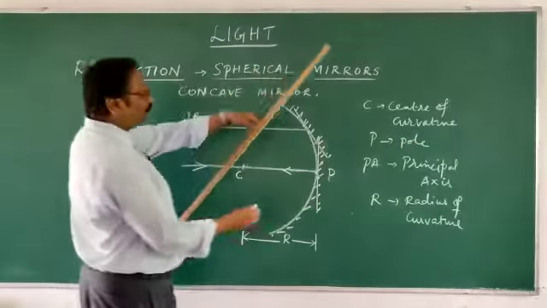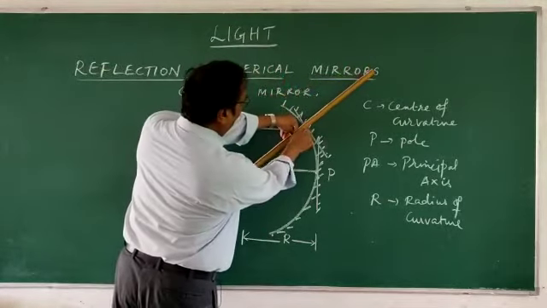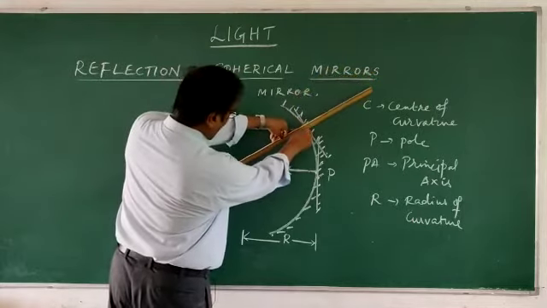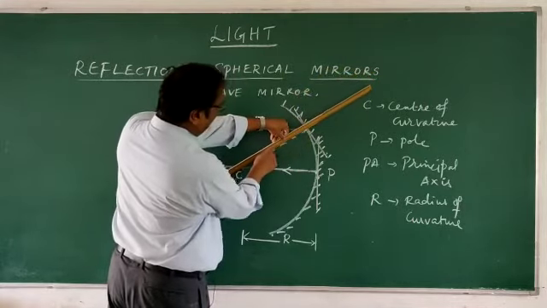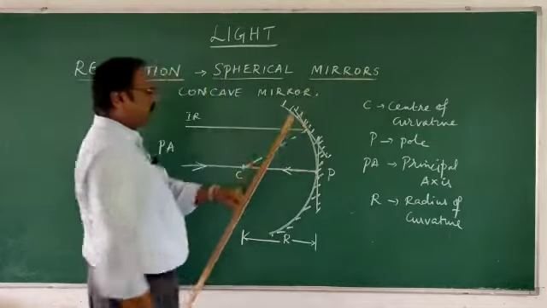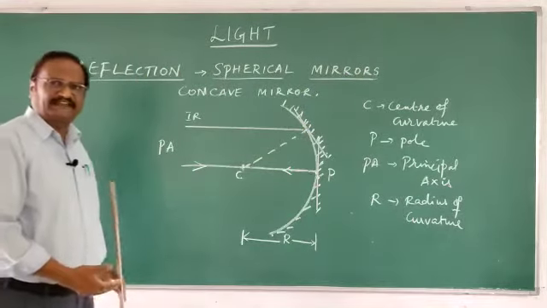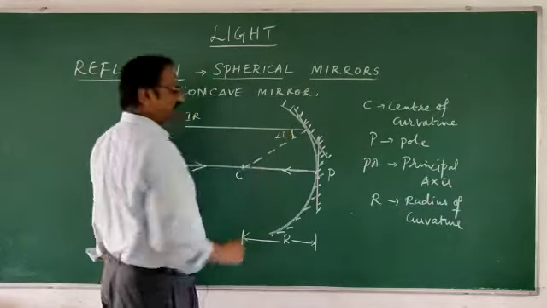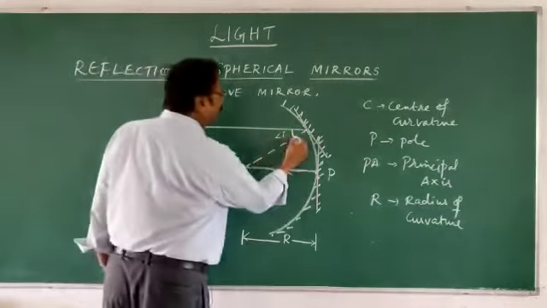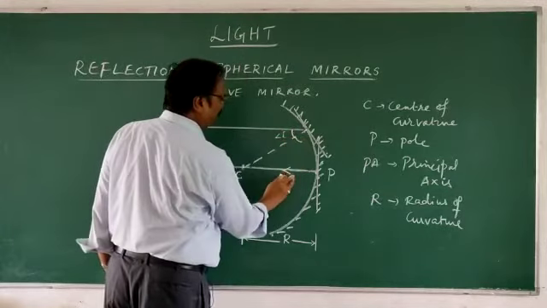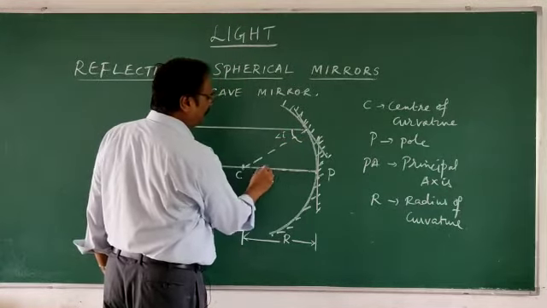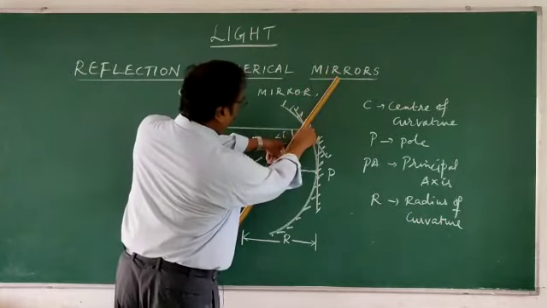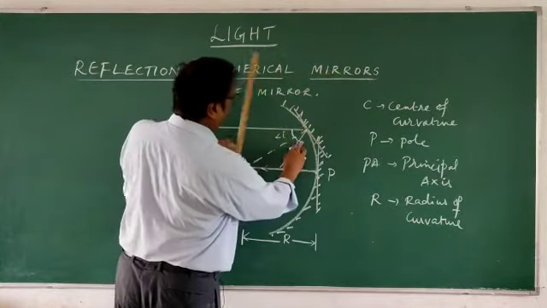So what will I do? First I will draw a normal at the point of incidence. The normal at the point of incidence will ultimately pass through the center of curvature, that is nothing but the radius. And this is the angle of incidence. I need to know the angle of reflection, so let me draw the reflected ray.